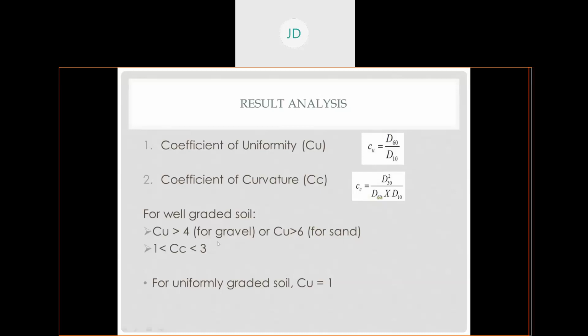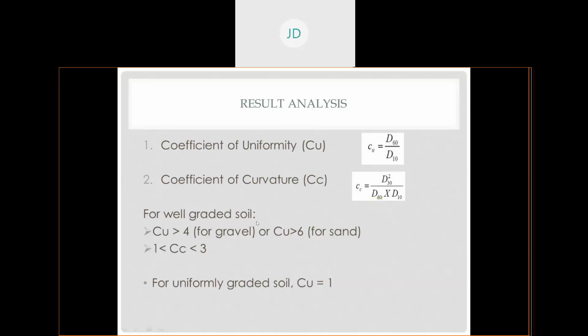Simple as that. And suppose Cu becomes 1, then you can say this soil is uniformly graded soil. So these are things you need to remember; sometimes in exams they may ask this criteria for well graded soil.